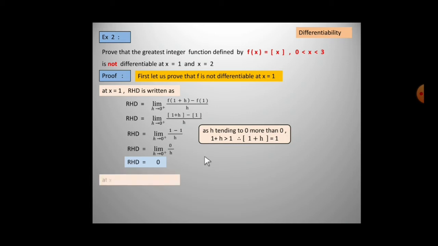In the same way, the left hand derivative now. The left hand derivative is written as limit as h tends to 0 minus, just change the symbol plus to minus, and the same term f(1 + h) - f(1) divided by h. This is the formula used. Next is substitution: greatest integer of (1 + h) minus greatest integer of 1, divided by h.